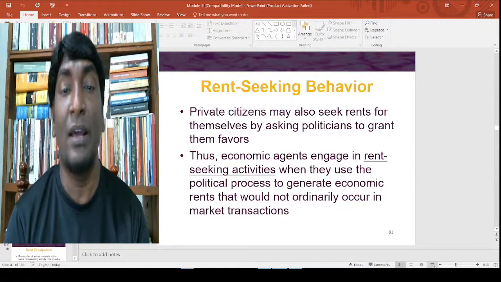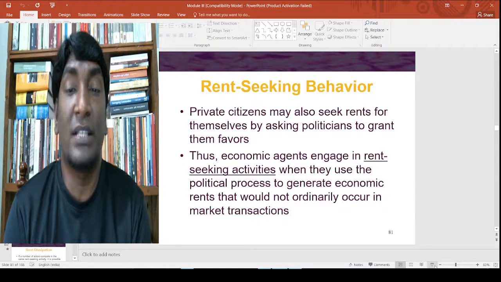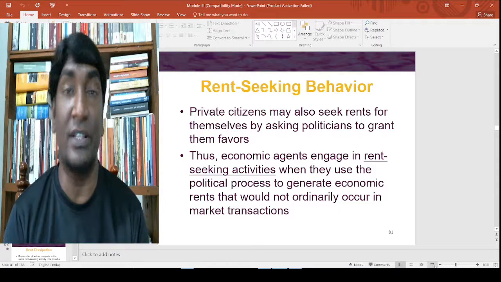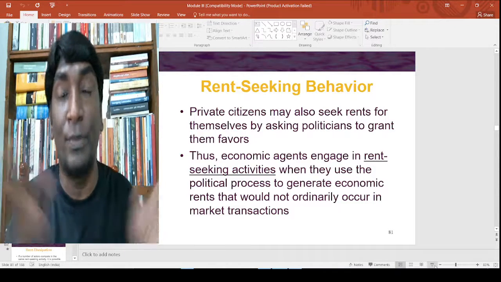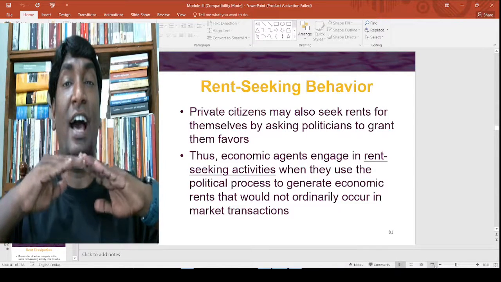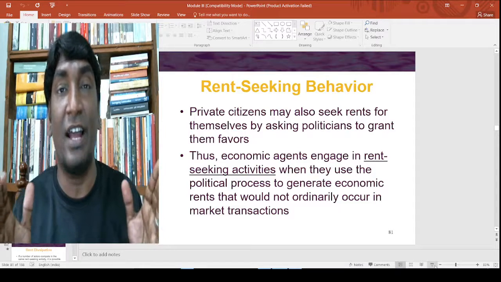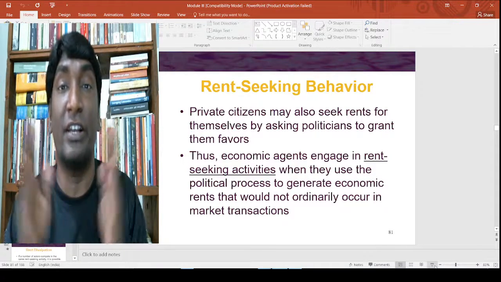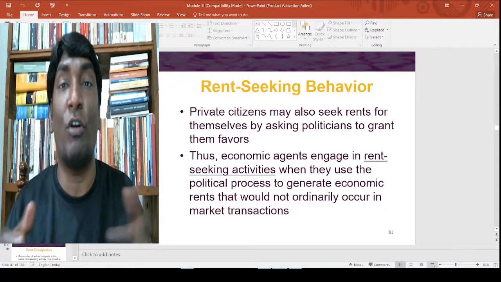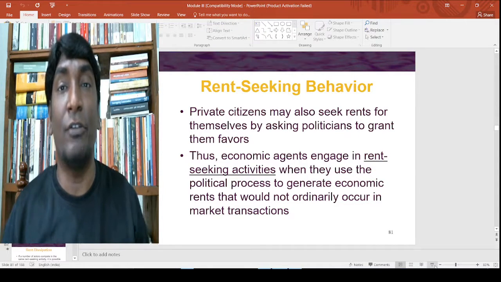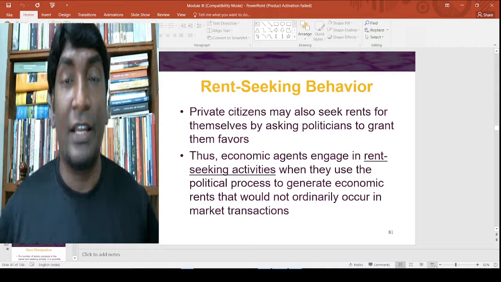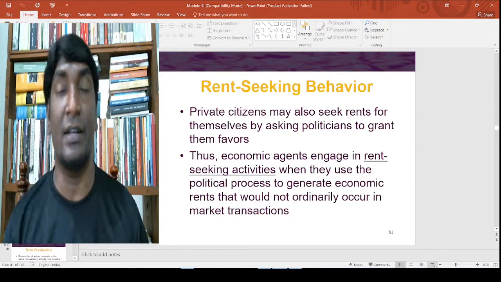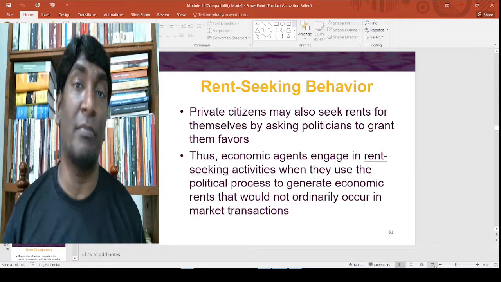Private citizens may also seek rent for themselves by asking politicians to grant them favors. So maybe the opposition's argument against the government, which was the incumbent at that time, is that they were giving all kinds of paltry kits to people, like food kits and coupons, during the time of the COVID pandemic.